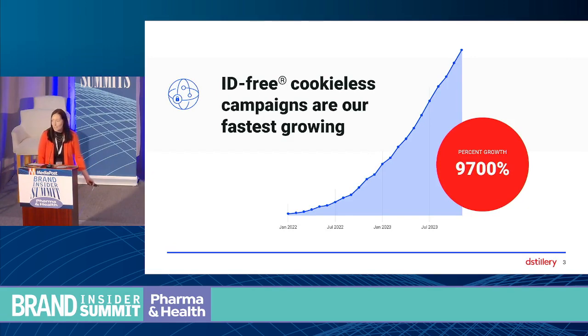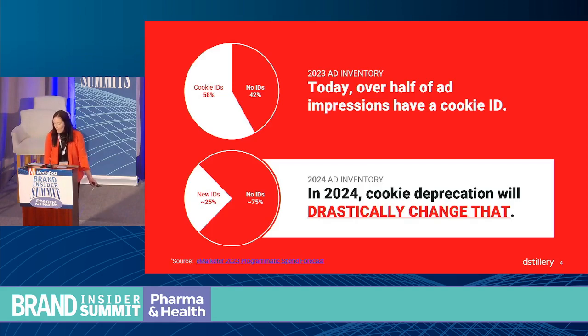And through that testing, we realized just how privacy-centric this ID-free solution was and how applicable it was to healthcare. But it was really important for us to have some sort of health signal within the data, within the model. So we went out and vetted all of the RWD partners and decided to partner with Purple Lab, leveraging their claims data. And I'll talk about that in a second. So we built our ID-free solution so we had a privacy-safe option to continue to efficiently target now and into the future.